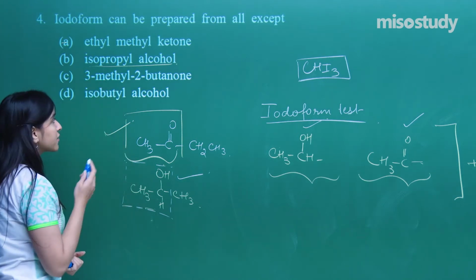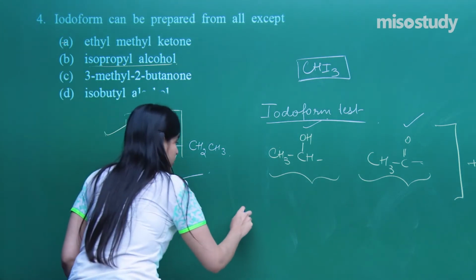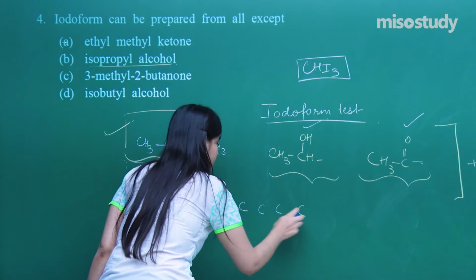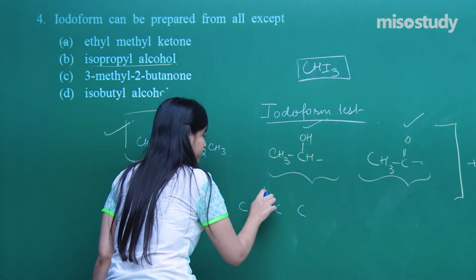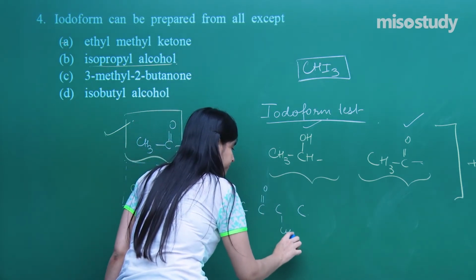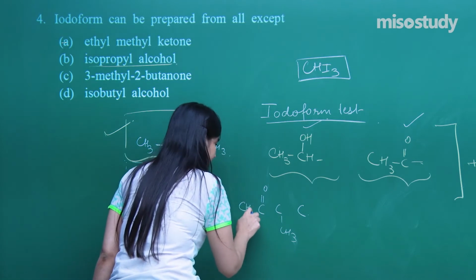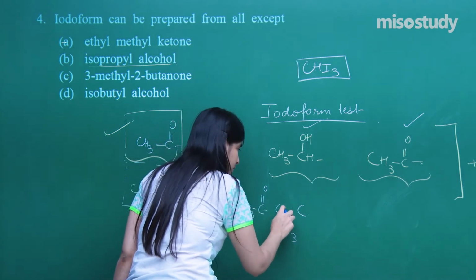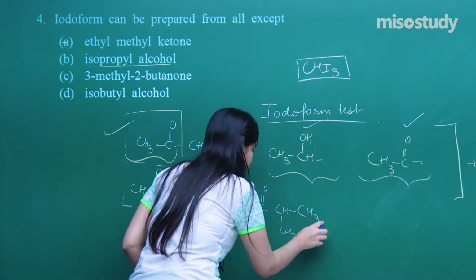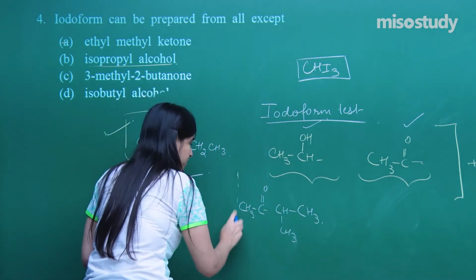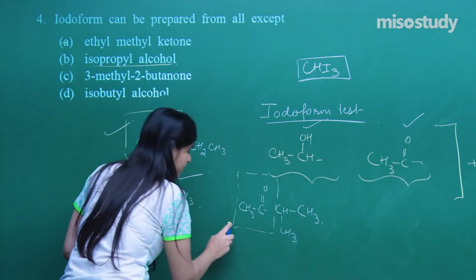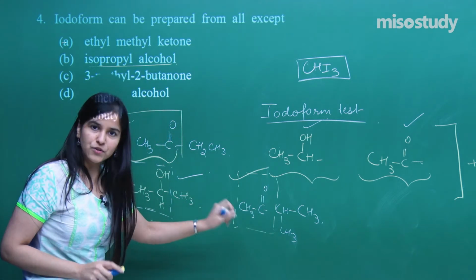What next? 3-methyl-2-butanone. So I have butanone, 2-butanone and 3-methyl. Again, if you observe the compound, you will see this particular group present over here. This will also give the test.